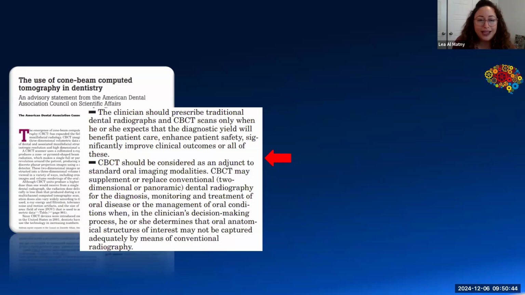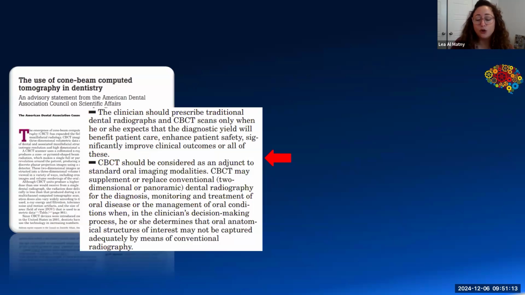I hope the ADA is working on it. But what we do have is an advisory statement from the ADA Scientific Affairs, published back in 2012. That was 8 years ago, and they recommended that you use it at your own discretion.